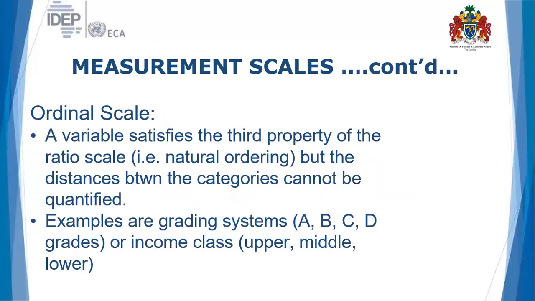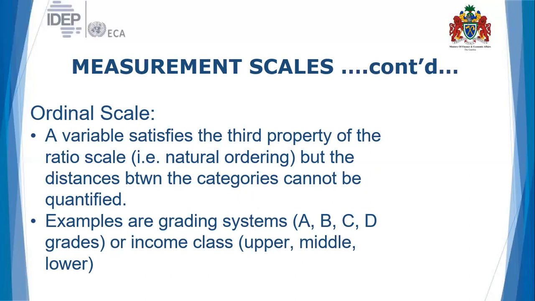Another scale is the ordinal scale. Here, the variable satisfies the third property of the ratio scale, that is natural ordering. But the distances between the categories cannot be quantified, and the ratios can also not be computed. Examples are the grading system.